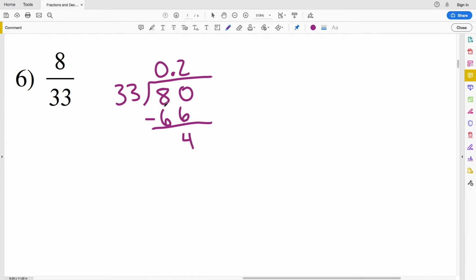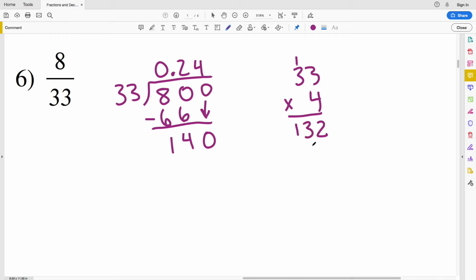4 will bring us to 70, and then 10 more will get to 80. So that will be 14. 66 plus 14 gets 80. Have a placeholder 0, dropping that down. Now we're going to see how many times 33 goes into 140. 33 goes into 140 4 times. 4 times 33, think about it like this. 33 times 4, 4 times 3 is 12, carry the 1. 4 times 3 is 12 again, 12 plus 1 is 13.